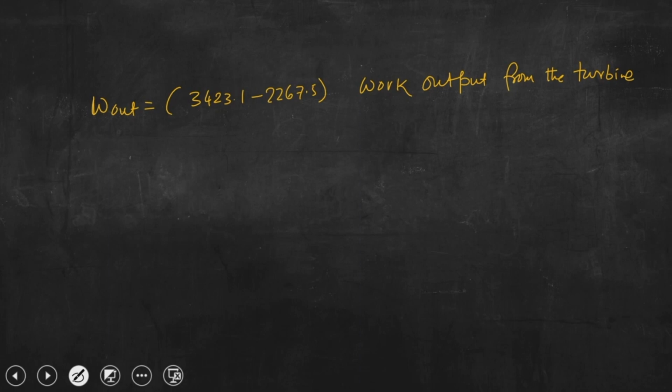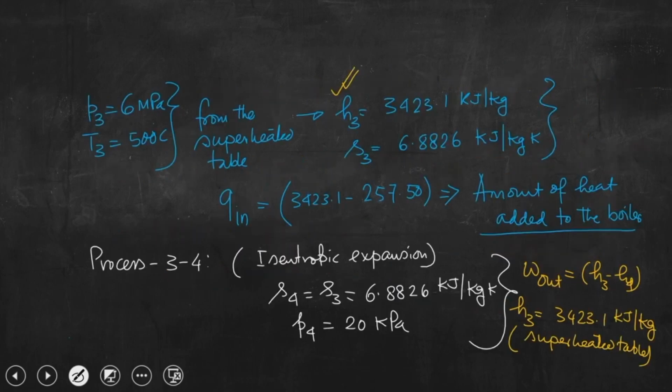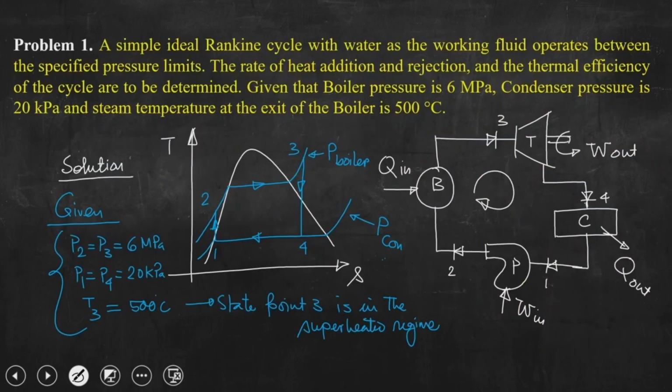And finally, process 4-2-1, that is constant pressure heat rejection. If we look at the TS diagram, this is 4-2-1.